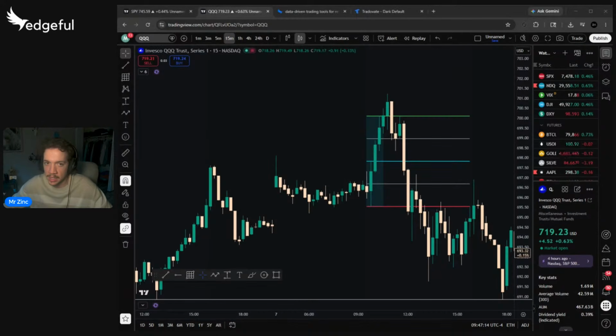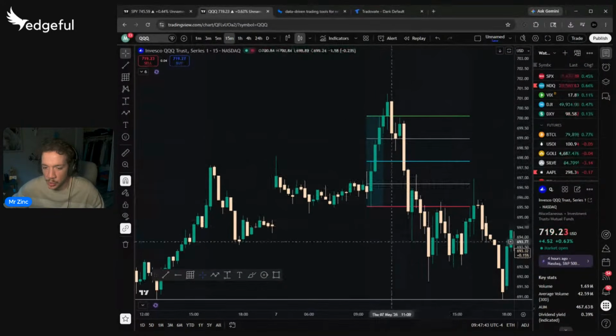It's very likely that we have a continuation to the downside like we did last Thursday, or a reversal to the downside. We're continuing up a little too fast right now. So I'd like to see it at least cool off a little bit.